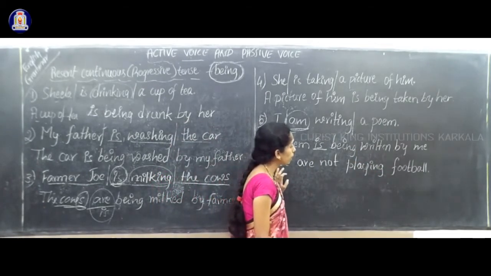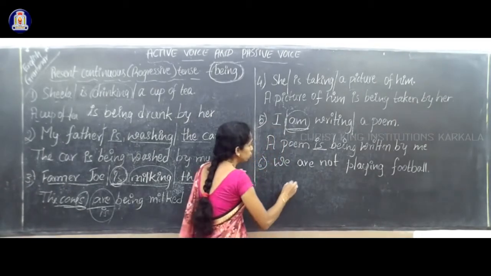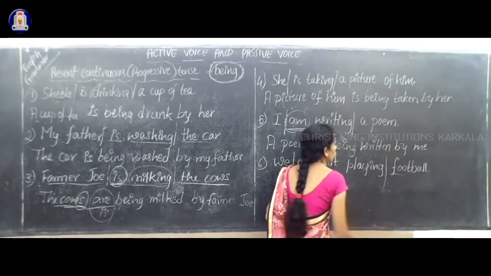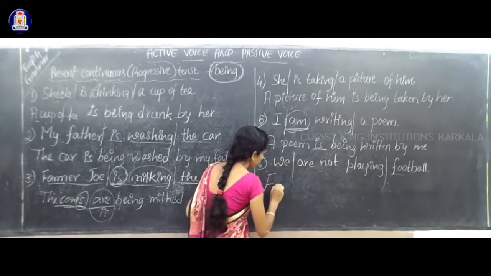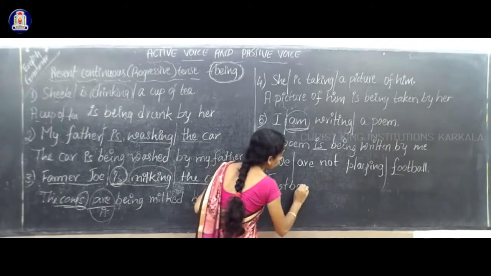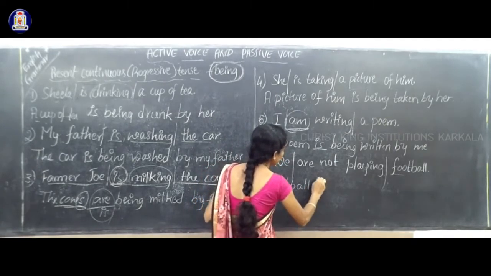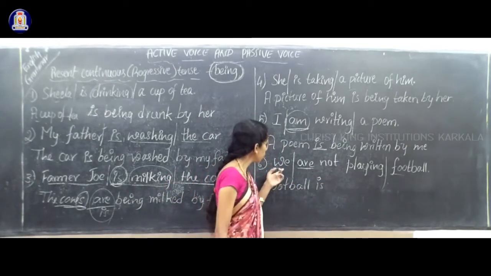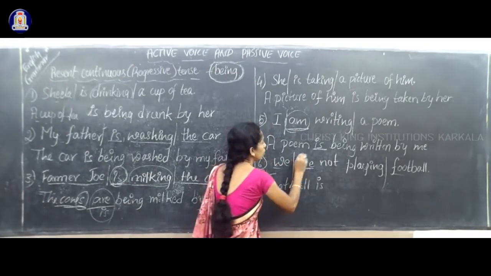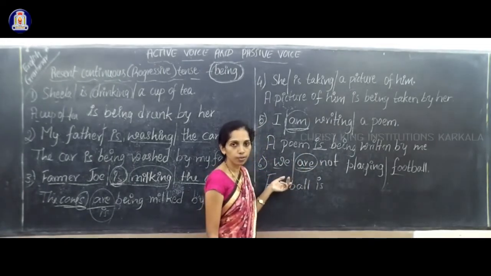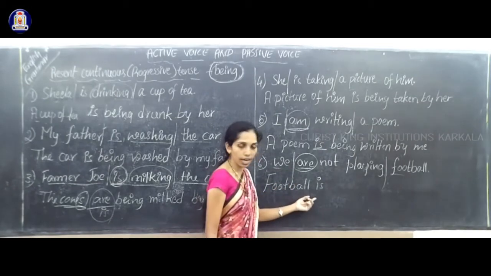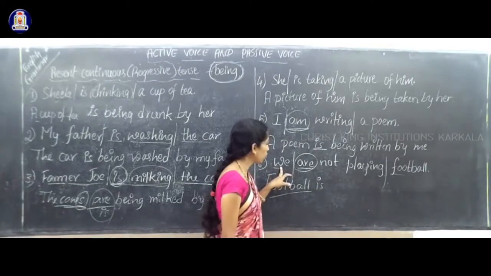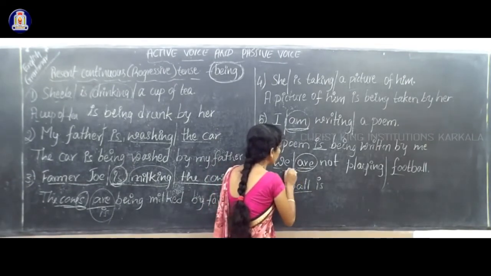We are not playing football. Another sentence. So, how to write the passive voice of this? Football is. And now see here. We are. Here "we" is plural, so the helping verb is also plural. "Football are" is wrong. Why? Because football is singular, and here "we" is plural.